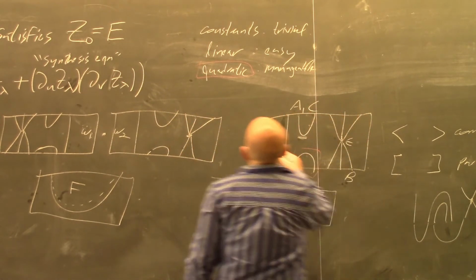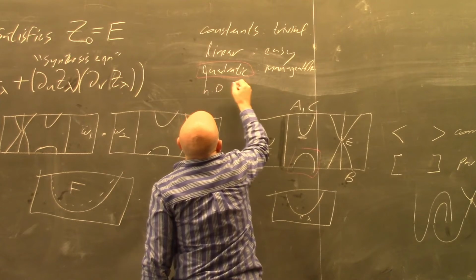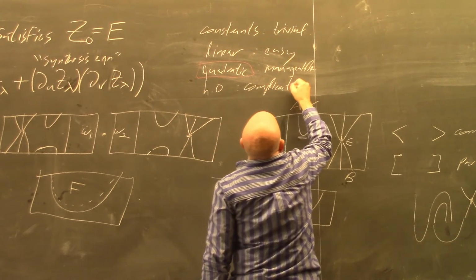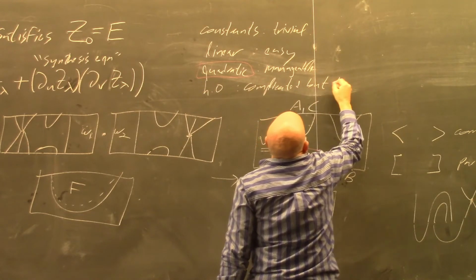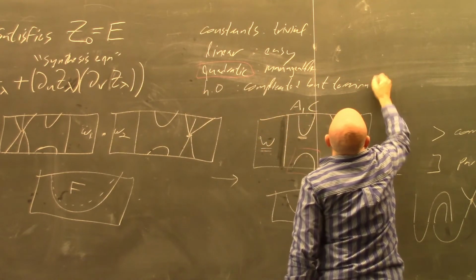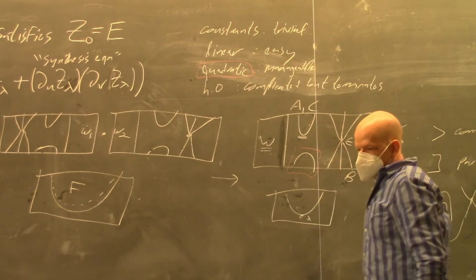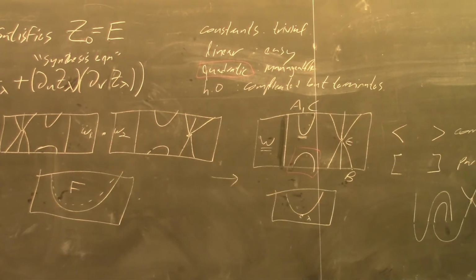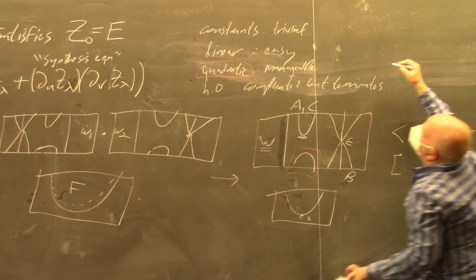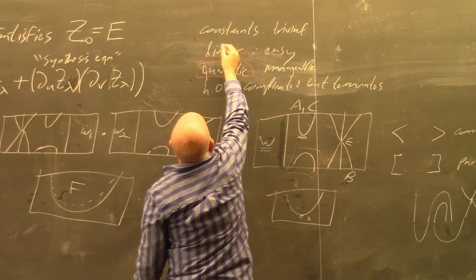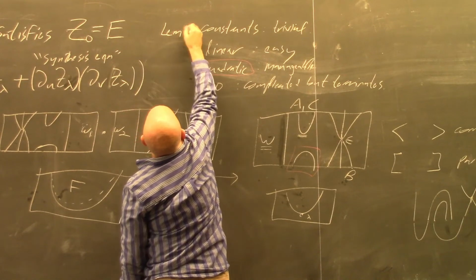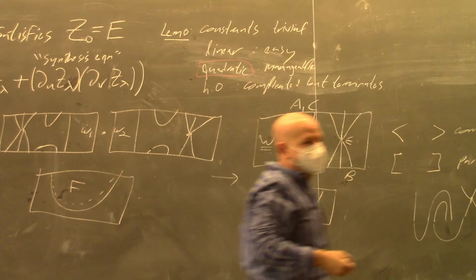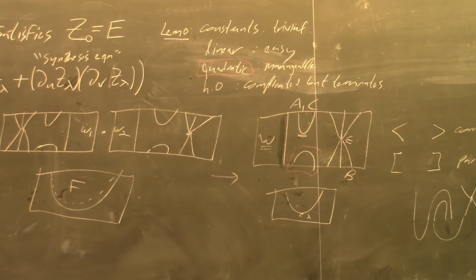Okay, so the higher order is complicated but terminates. Okay, so now let's do that. So lemma 1, so okay, you know what, really there should be lemma 0, and lemma 0 is that there's nothing to do about constants. You don't need to say anything.